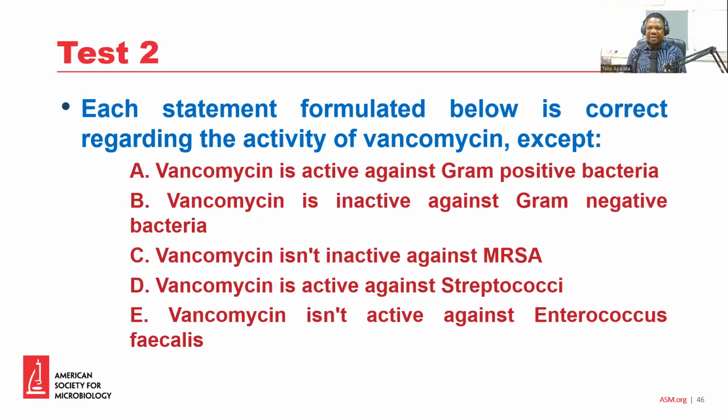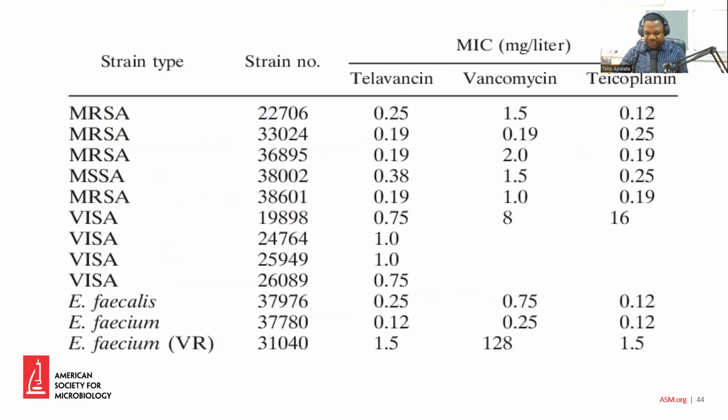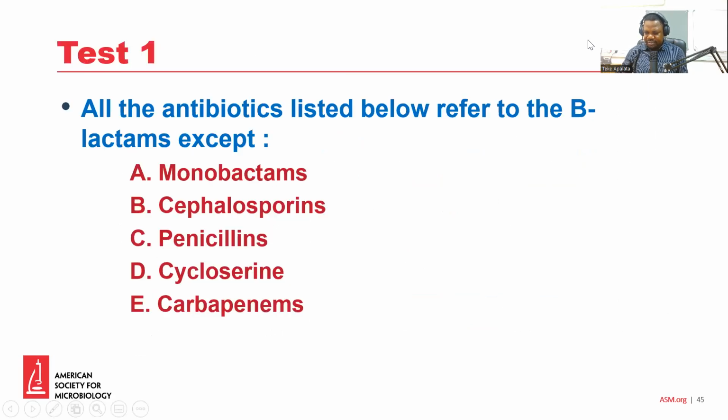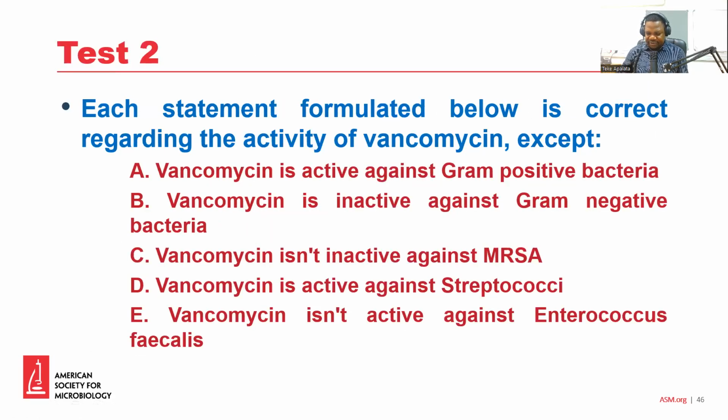But we have seen a high MIC of vancomycin, mainly against Enterococcus faecium, especially if we compare it with the other glycopeptide drugs we have shown here, like telavancin and teicoplanin. So the answer here is E. The statement E is not correct.